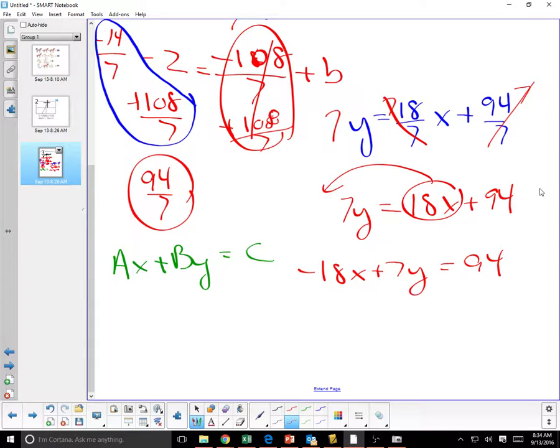Now you think you might be done at this point, but there's one small thing. Do you see A has no sign in front of it? That means it's positive, always. So all I'm going to do to fix this is change all of the signs. 18x minus 7y equals negative 94. And that's the equation they're looking for in standard form.